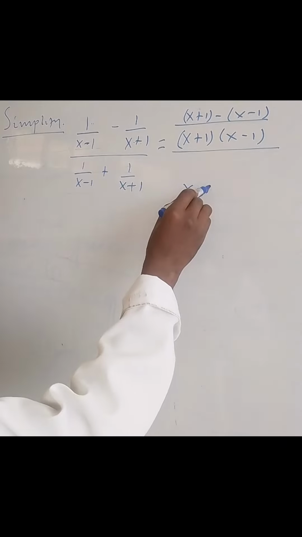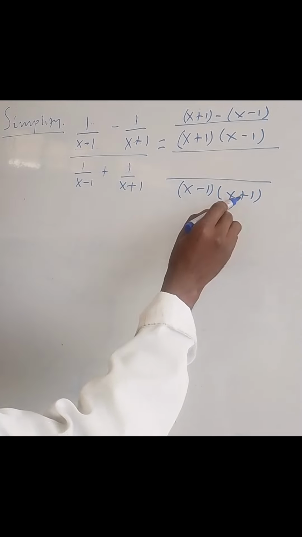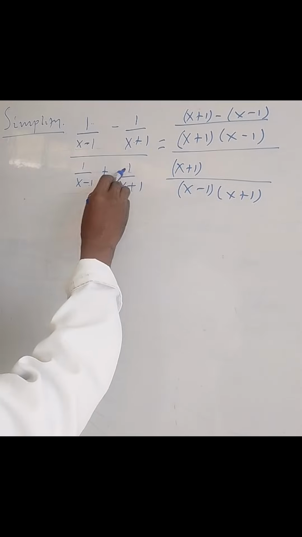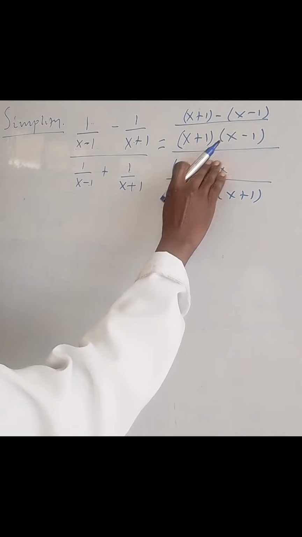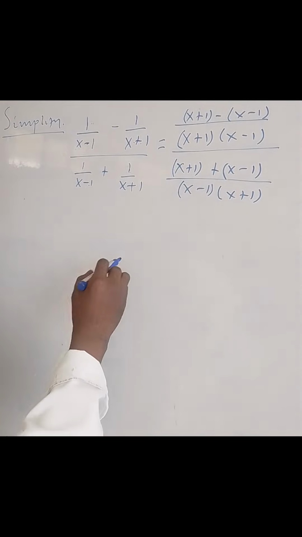Taking the LCM, x minus 1 into x plus 1, we multiply again: x minus 1 times 1 is x plus 1, and x plus 1 times 1 is x minus 1, into x minus 1.